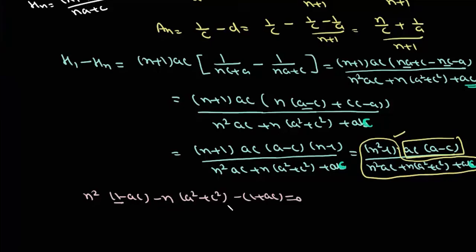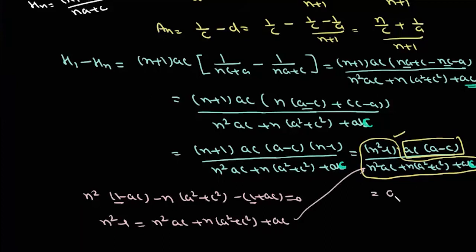Now we'll take this n square and 1 here, and we'll take everything else on the right hand side. So we can write n square minus 1 equals n square ac plus n a square plus c square plus ac, and if we divide it, we'll get this result n square minus 1 upon n square ac plus n a square plus c square plus ac equals 1, and if we put it here, we'll get this as simply ac into a minus c, which is what we need to prove in this question.